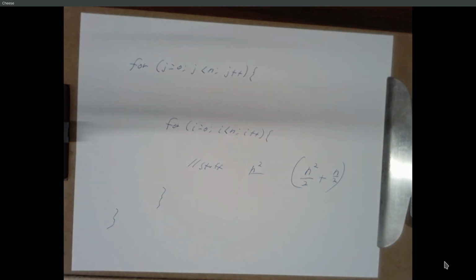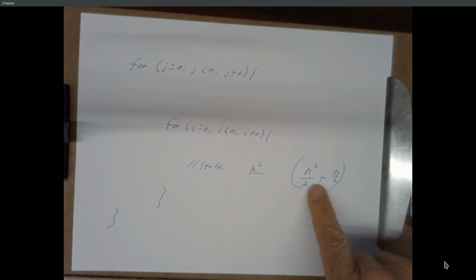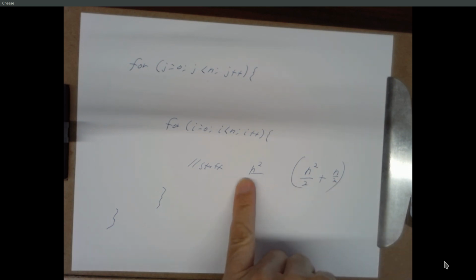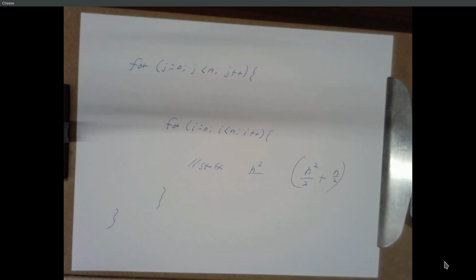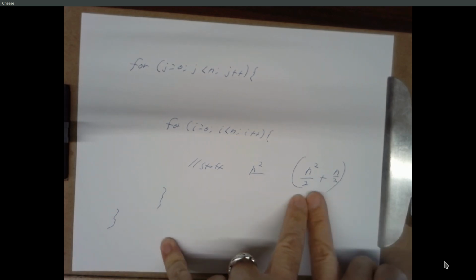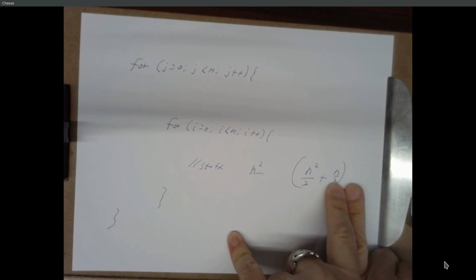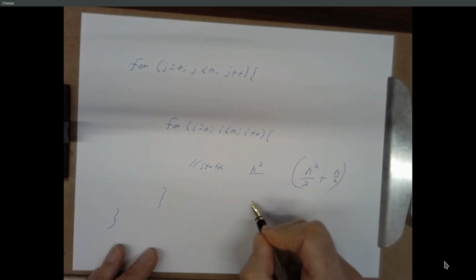Which seems smaller, right? This is half of n squared plus a little bit. This is n squared. It turns out, in terms of how much worse this algorithm gets when the problem size grows, it doesn't matter if we think of this as n squared or n squared over 2 or n squared over 2 plus n over 2. We're going to see the same basic behavior, which is something we call order n squared.